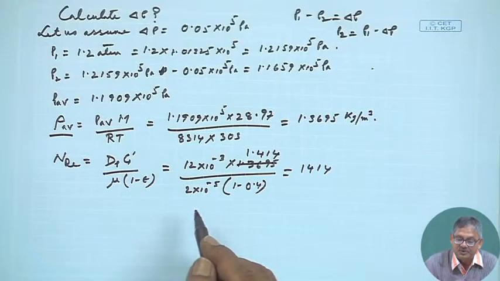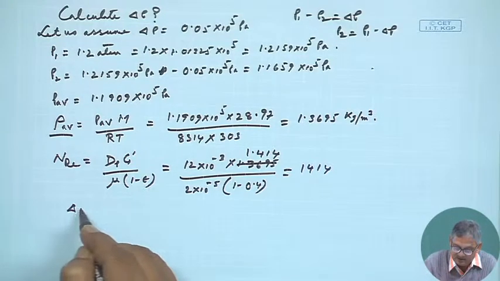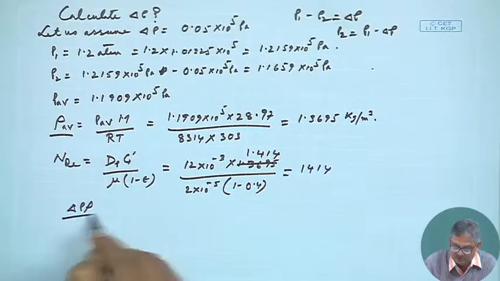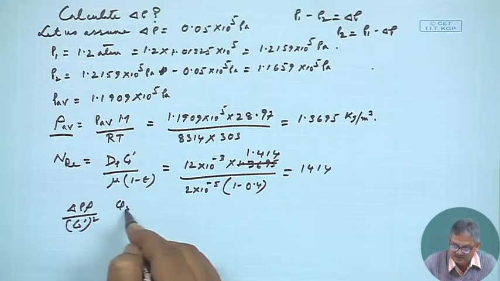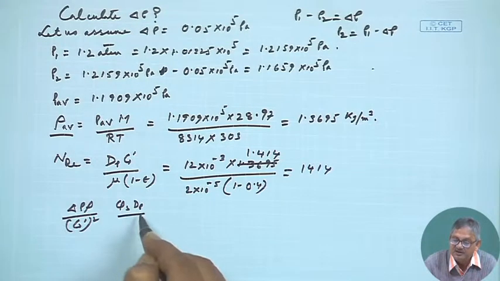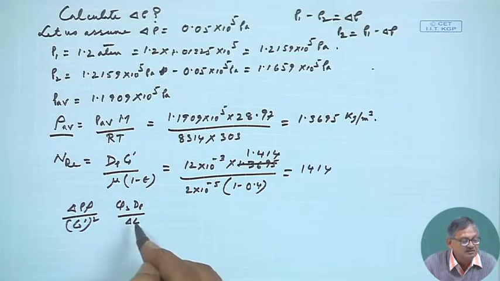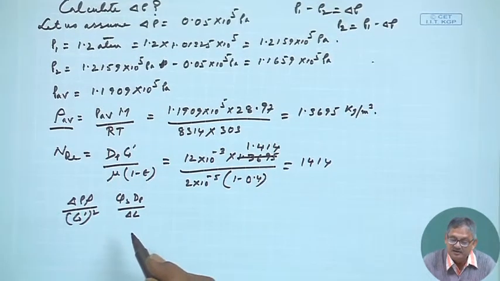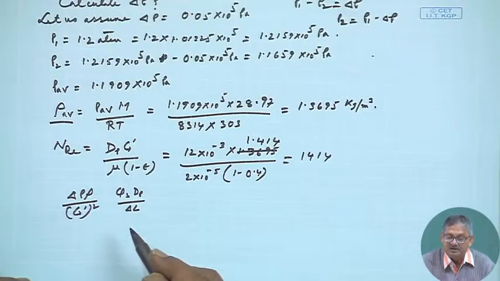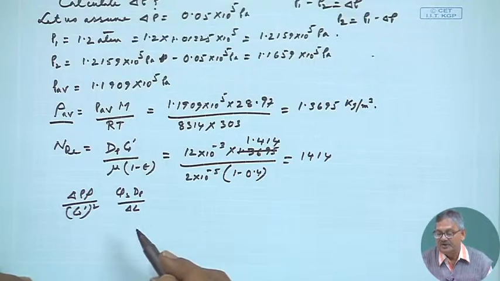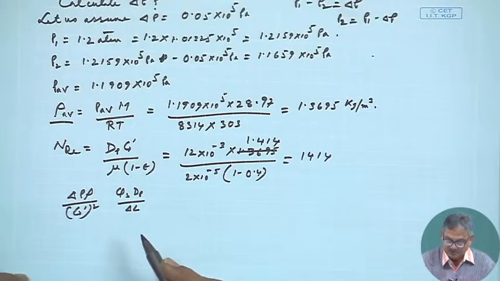G prime square, delta P rho by G prime square, then phi s dP by delta L, right. So we have taken a sphere, right. So phi s is 1.